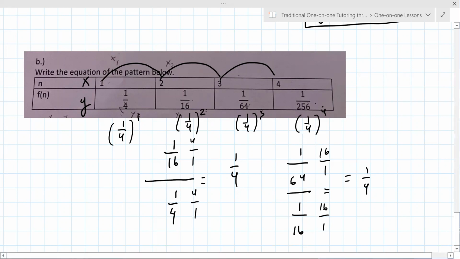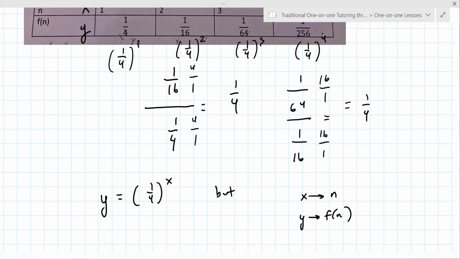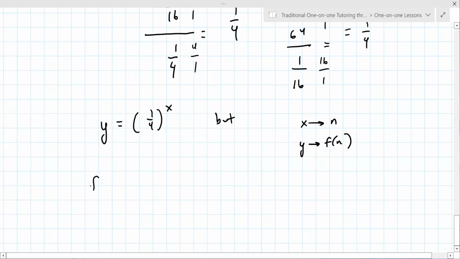So our function would be y equals 1/4 to the power of x, but x is really n and y is really f of n. So like last night, we would do f of n equals 1/4 to the power of n.